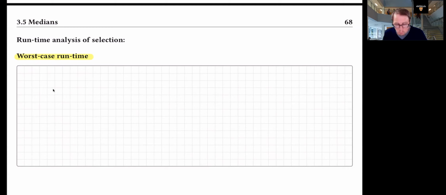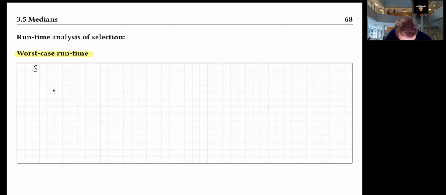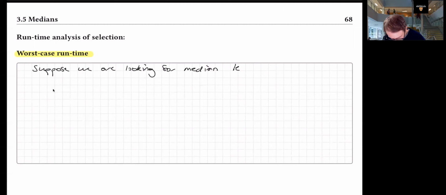Now, in the worst case, we keep randomly selecting, let's say, the smallest element in the array. So let's just suppose we are looking for the median, so K is equal to the ceiling of n over 2.